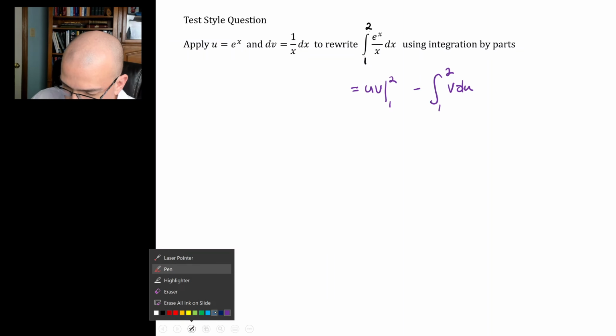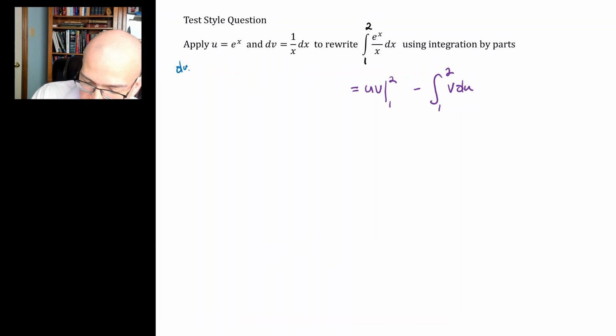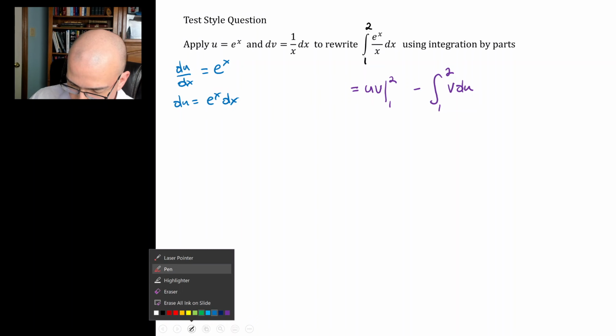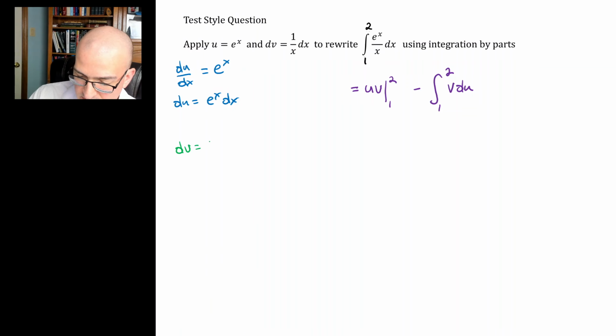If u is equal to x, when I take the derivative du by dx, or e to the x, derivative of e to the x is e to the x. I'm going to rearrange du is equal to e to the x dx. So that part's done. Then dv, we're told, is 1 over x dx. I'm going to integrate both sides.